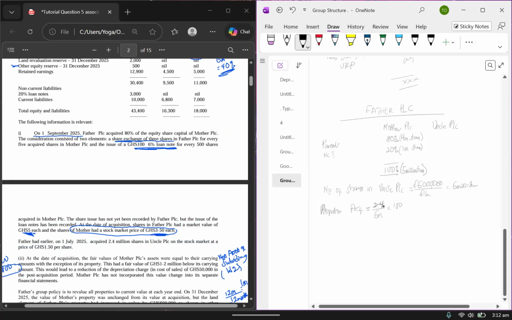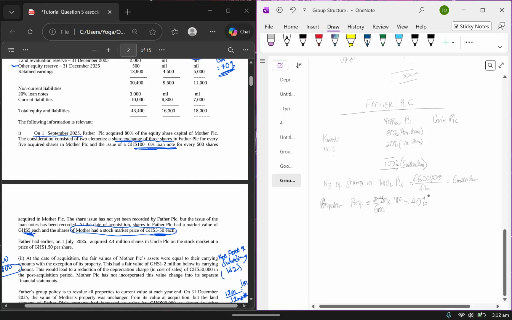So times 100 gives us 40%. Okay, so when you come here, the parent has 40%, and the number of shares is 2.4 million shares in all.